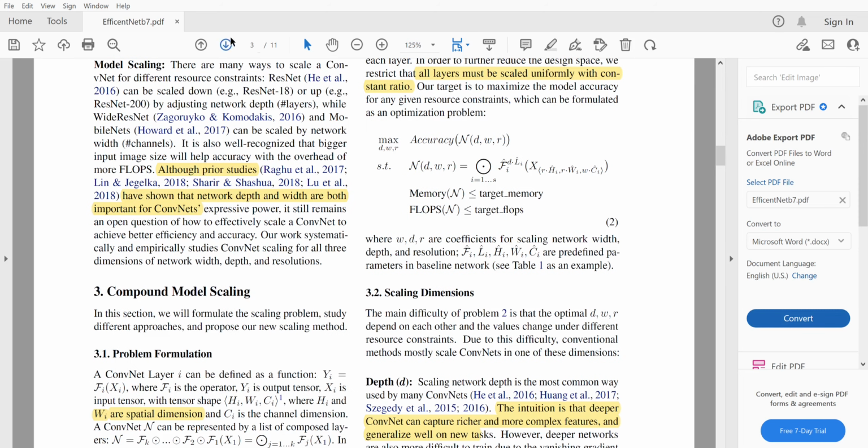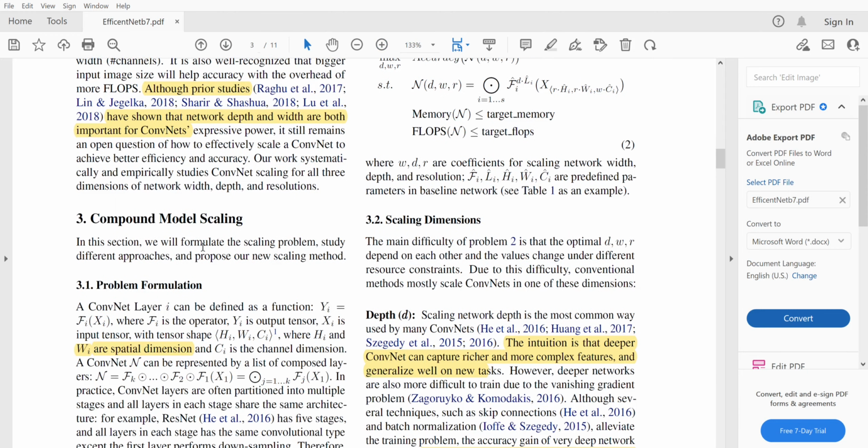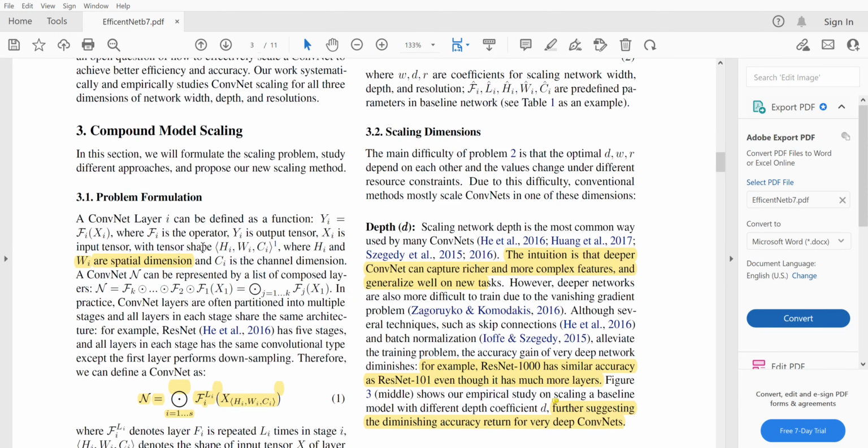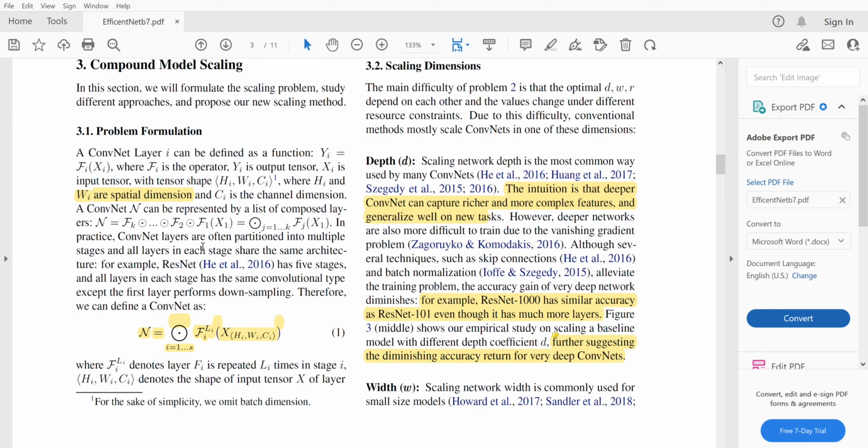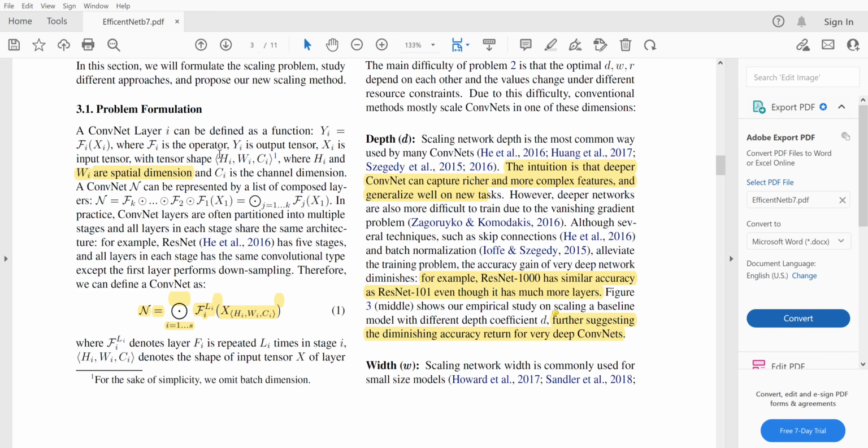here, if I could zoom in. Okay, they formulate a problem in which f is the operator, y is the output tensor, and w is the spatial dimension.